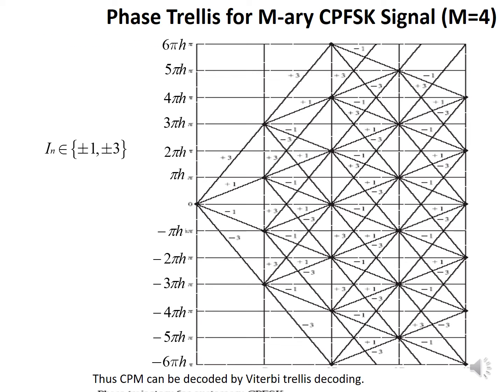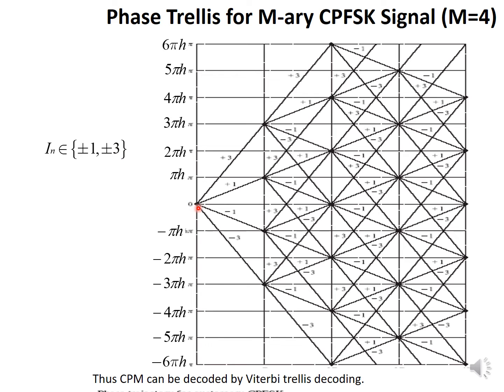Consider the phase trellis of the M-ary CPFSK, for example with M equal to 4. Because M equals 4, the continuous phase FSK signal is generated based on i_n that contains 4 different symbols, plus or minus 1 and plus or minus 3.